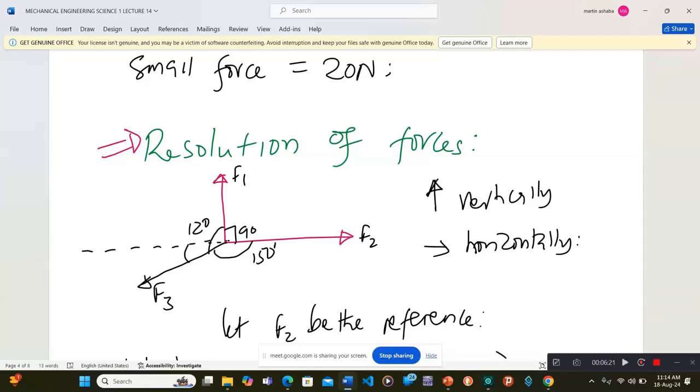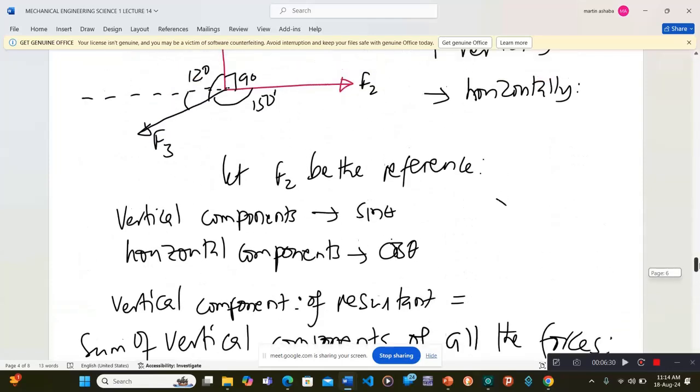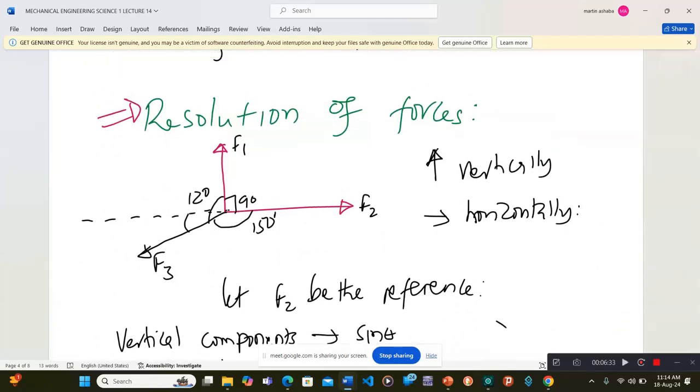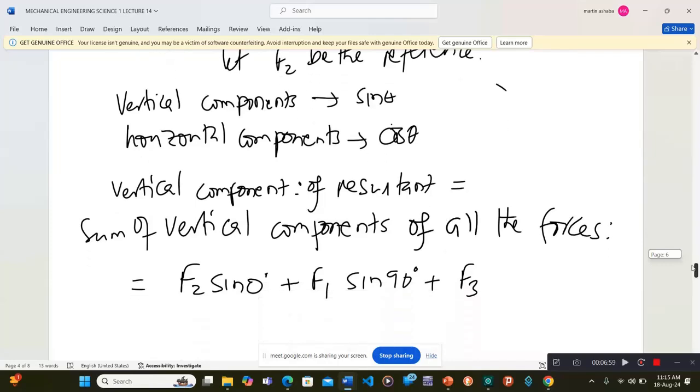But of course, you need to consider it in terms of direction. Where is it pointing? All the vertical forces pointing upwards are going to be considered positive. Those pointing vertically downwards are going to be negative. You have to understand that. Otherwise, it is going to be difficult because you will find you're getting a wrong value if we don't consider the directions in terms of vertically upwards or vertically downwards.